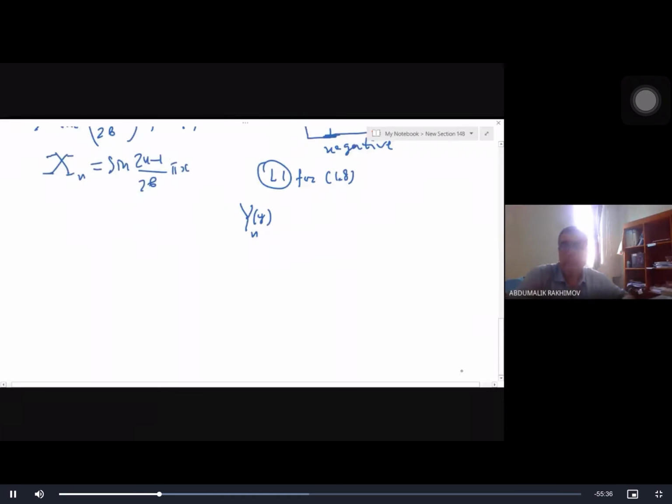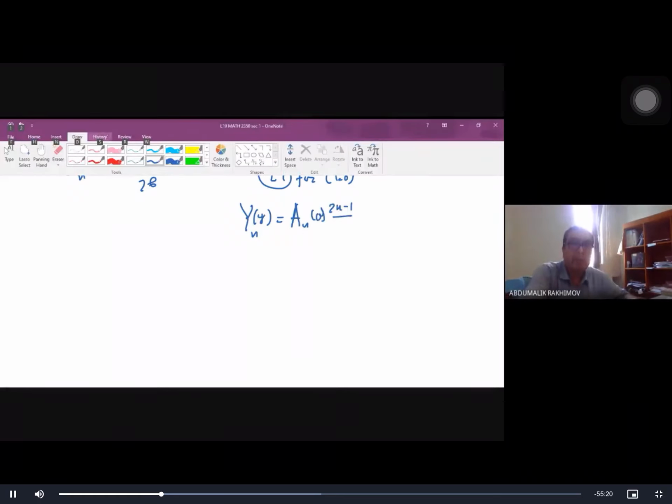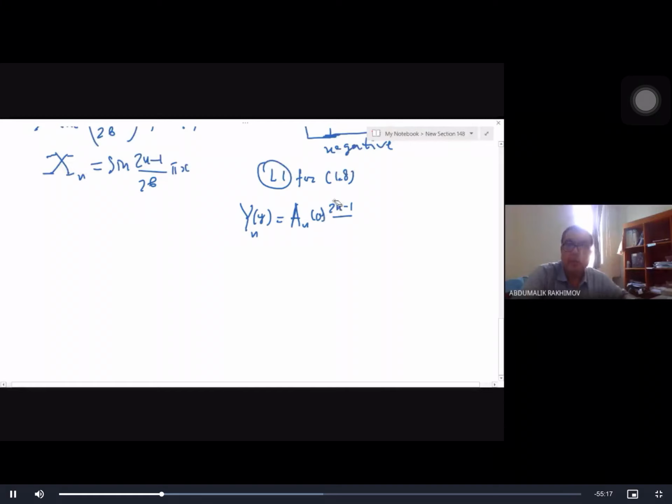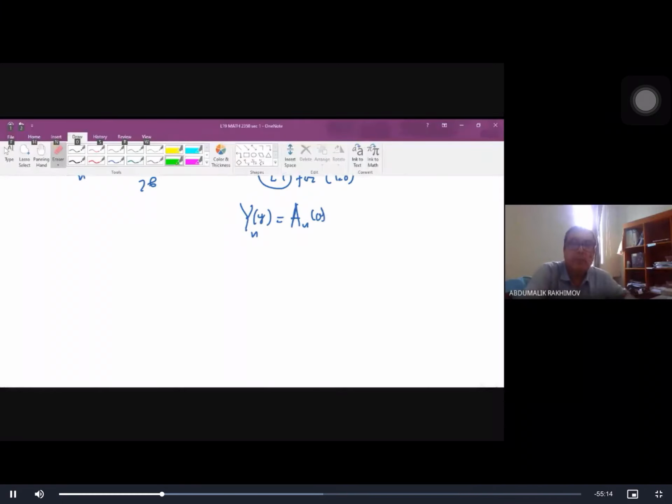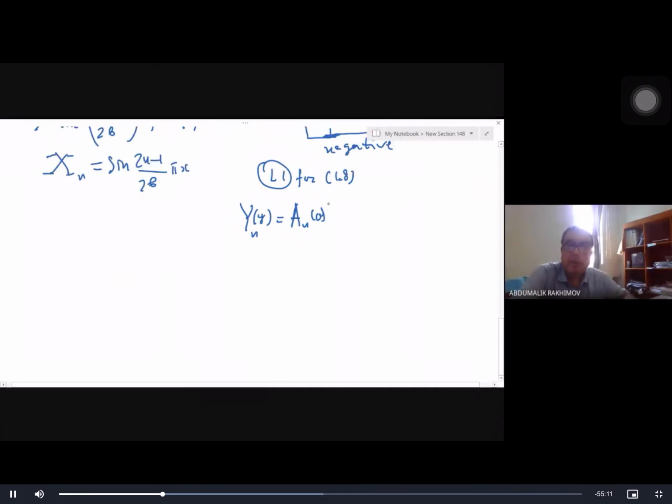Y_n equals A_n times cosine, not cosine, hyperbolic cosine, because of the minus, hyperbolic cosine of (2n minus 1) over 2b pi y, plus B_n times hyperbolic sine of (2n minus 1) over 2b pi y.